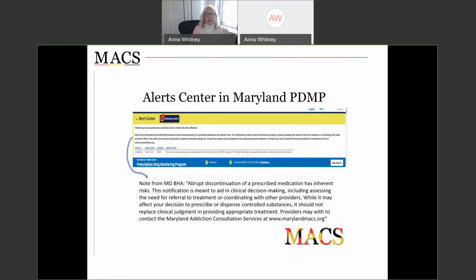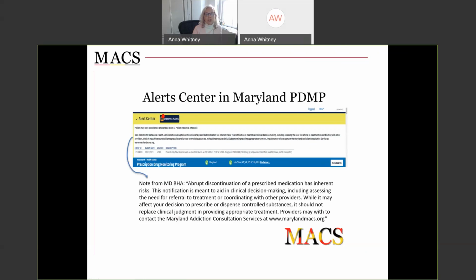Even in Maryland, in the Maryland PDMP, the Prescription Drug Monitoring Program, we now have an alert center, and a note that while there is great data that we can get in terms of patients who may have experienced overdoses, there is a cautionary note here that abrupt discontinuation of a prescribed medication has inherent risks.